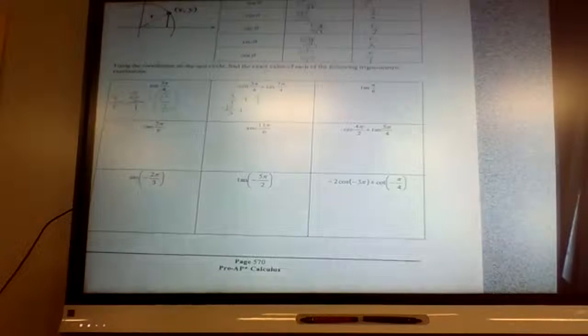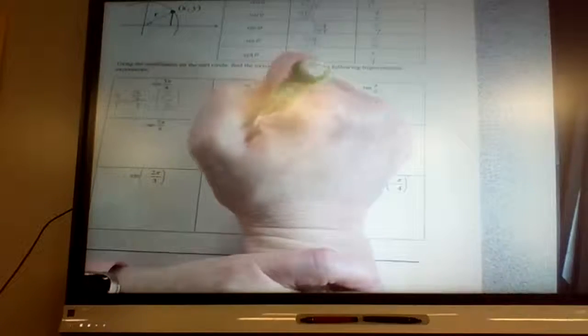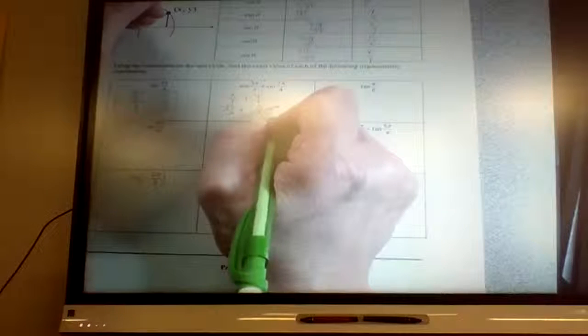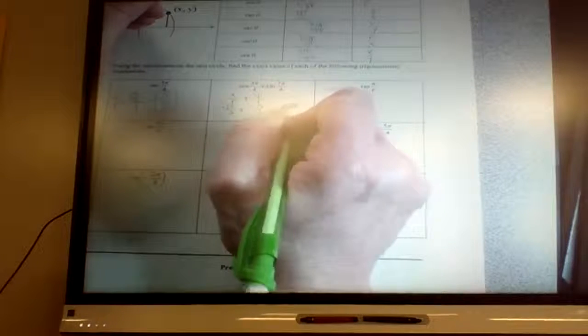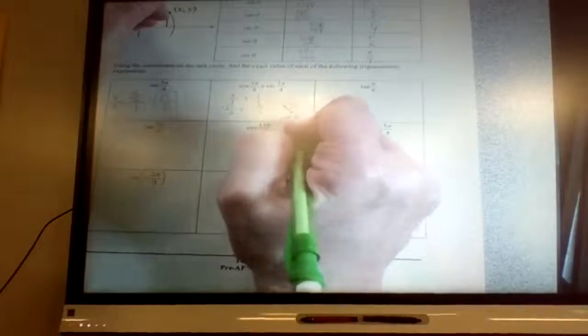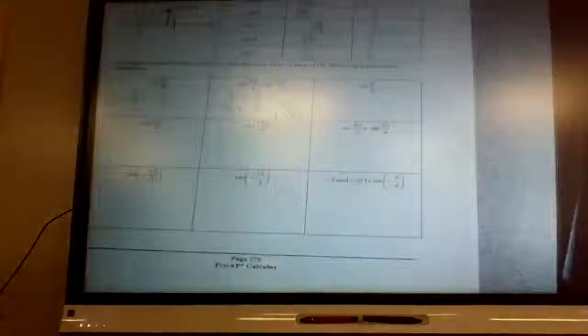So the sine of 7 pi over 4 would be, do we know? Negative square root of 2 over 2. So I have 2 negative square root 2 over 2. And those 2's cancel, so I just have a negative square root of 2.